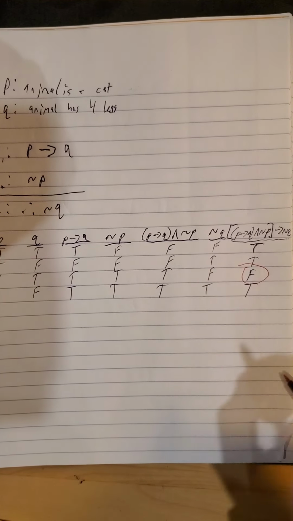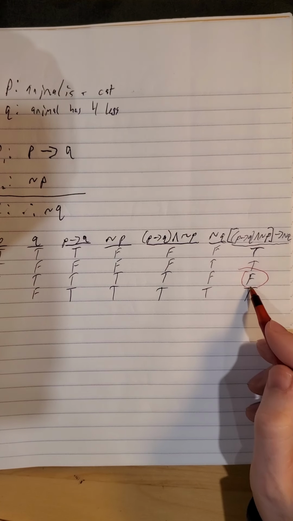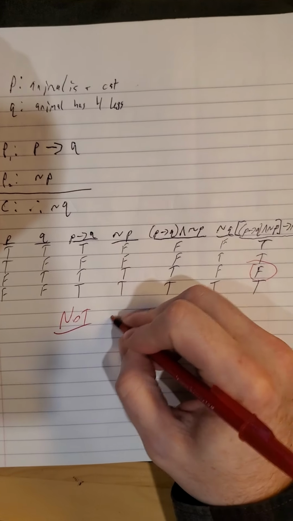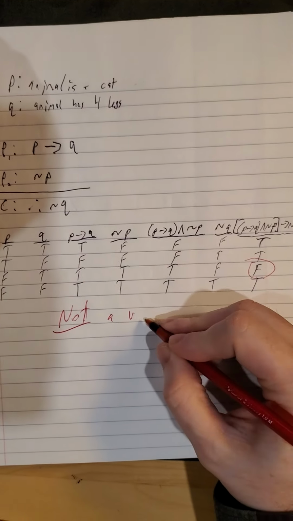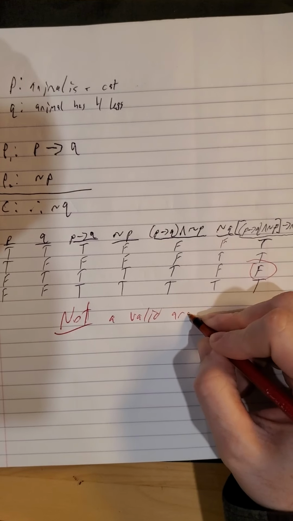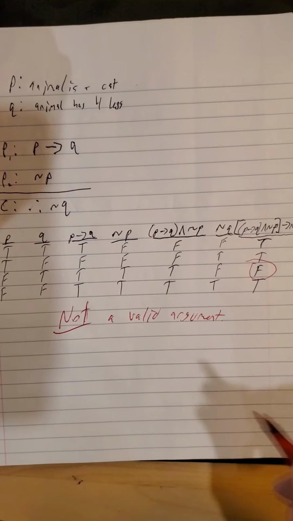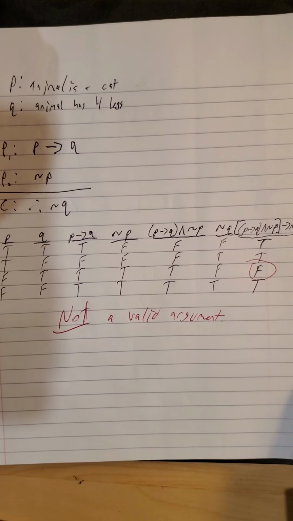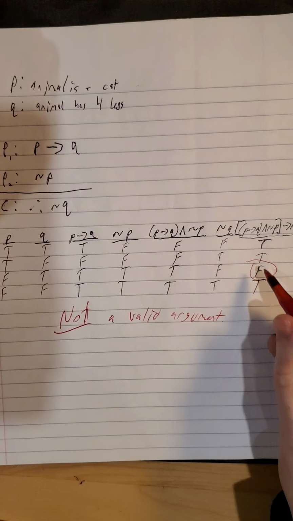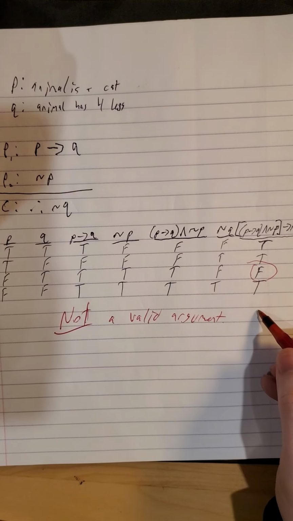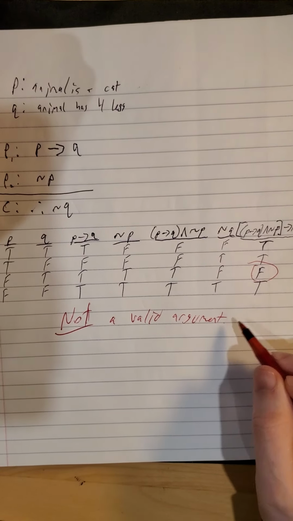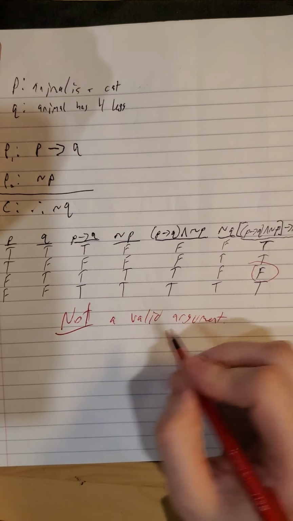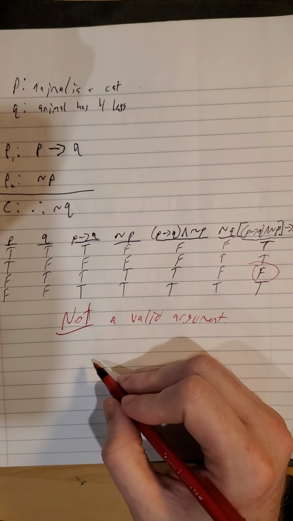If we have even one case in the end result that is false, it is not a valid argument. If it forms a tautology, all true in the final result, it is a valid argument. If there's even one false in the end result, the whole thing is false.